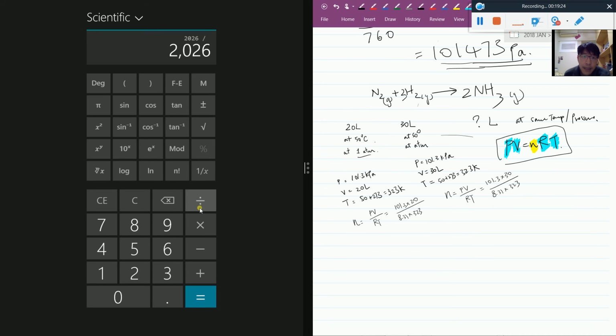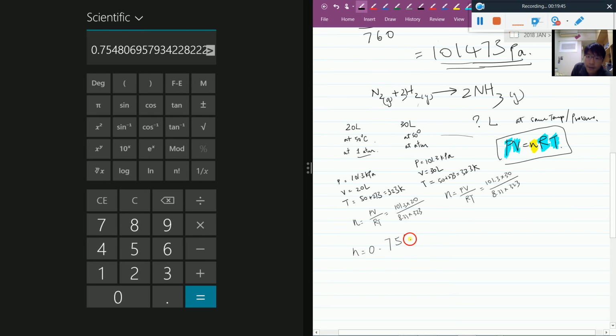It's divided by a bracket 8.31 times 323, close bracket, and it equals 0.7548, which is 0.755. The number of mole is 0.755 mole as the answer.